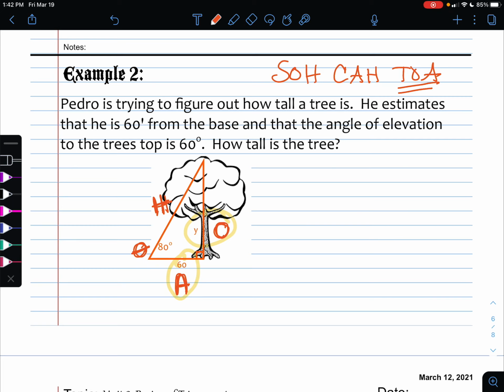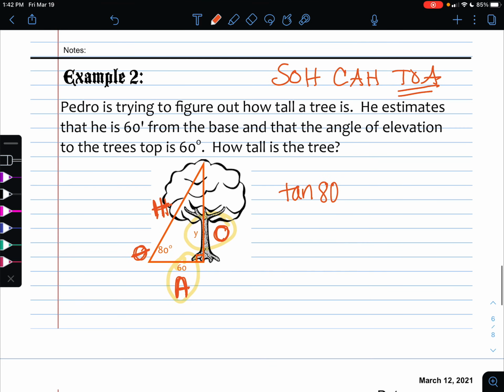I'm going to use tangent because of my opposite and adjacent. So tangent of 80 equals opposite over adjacent. Multiply both sides by 60. So 60 tangent 80 equals y.